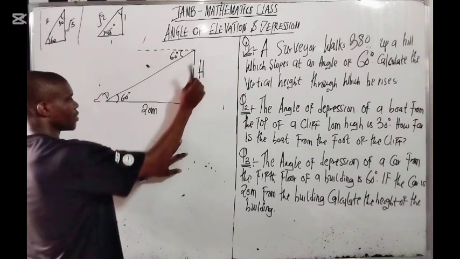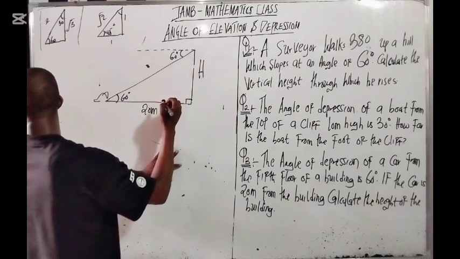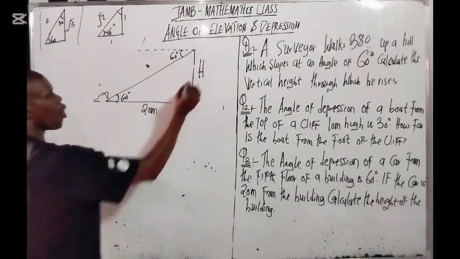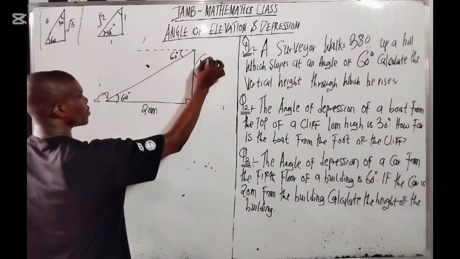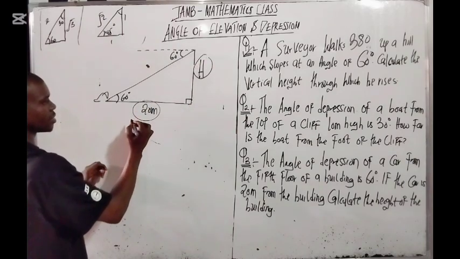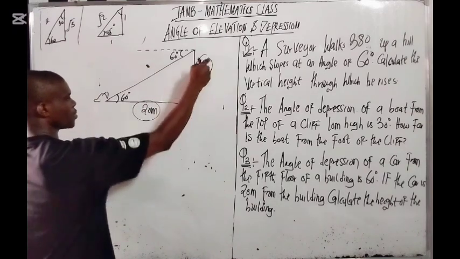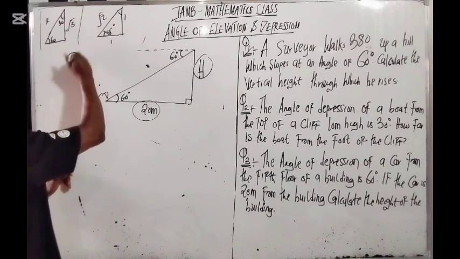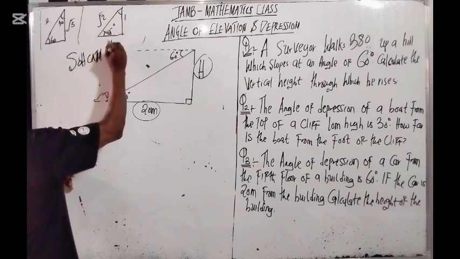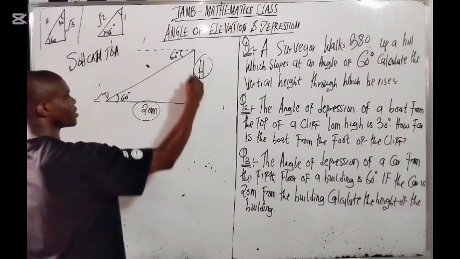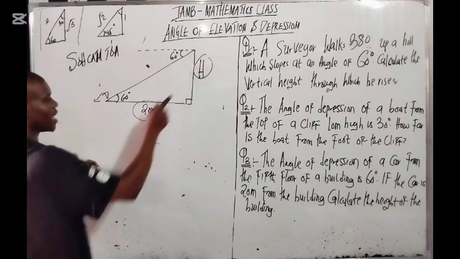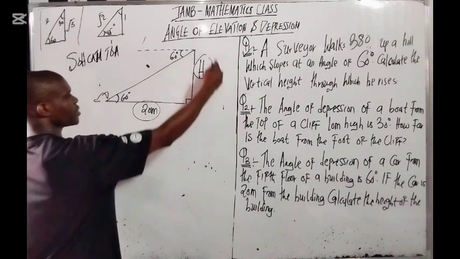Here we have the opposite over adjacent, because we have the opposite and the adjacent. The height of the building is the opposite.